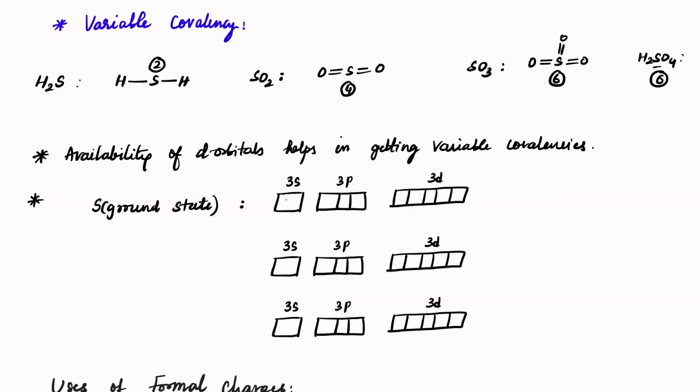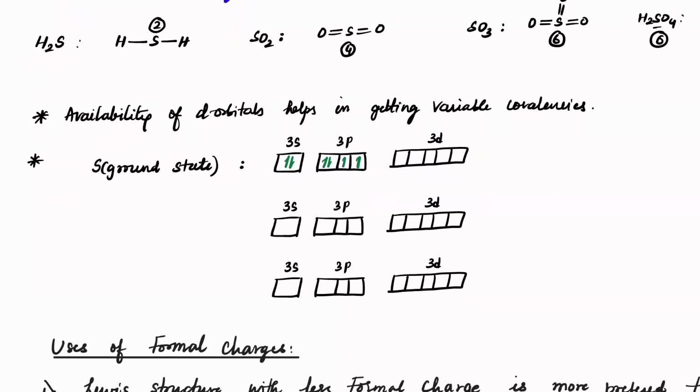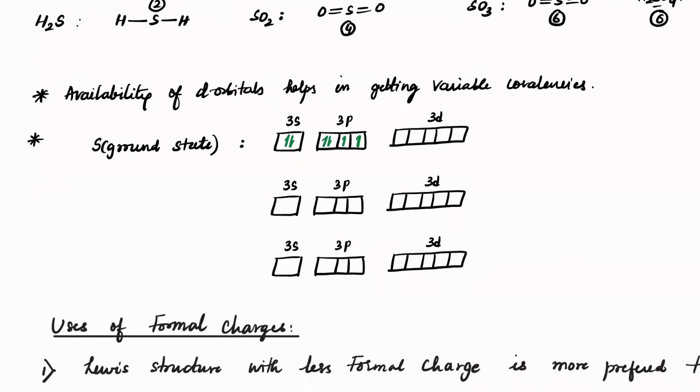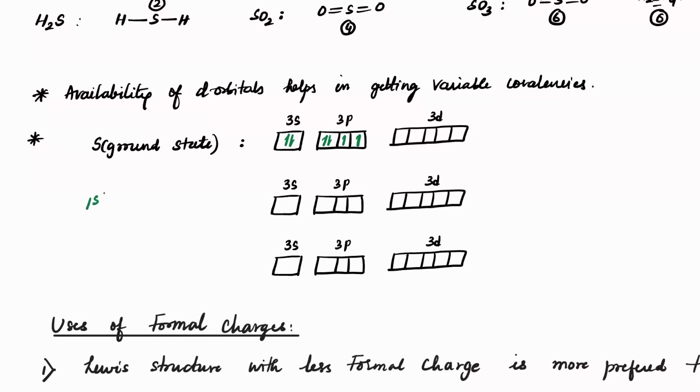But now notice something. When it is in a ground state, it has 2 electrons here, 1, 2, 3, 4. These are the valence electrons, 3s2 and 3p4. But when it has to expand the number of bonds, it has to keep on making more and more unpaired electrons. We call that the first excited state.